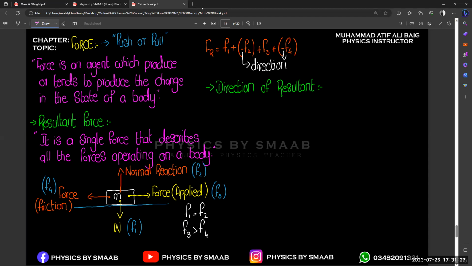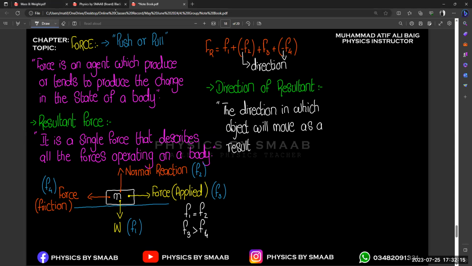So for a simple situation, the direction of the resultant is the direction in which the object will move as a result of the forces, right?